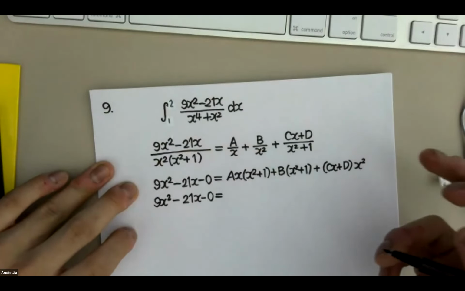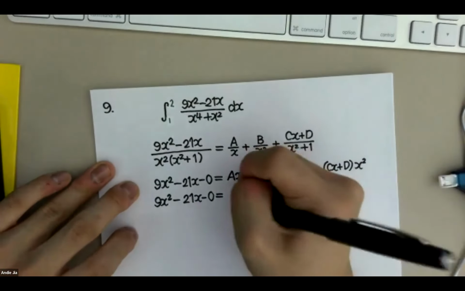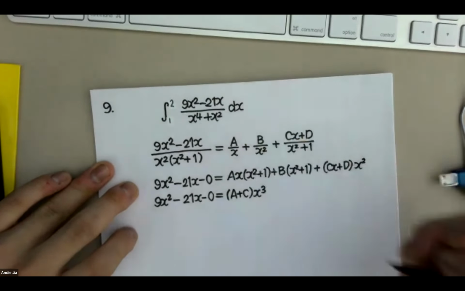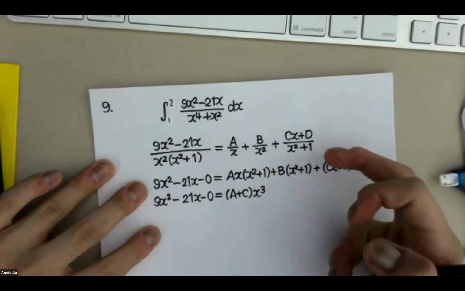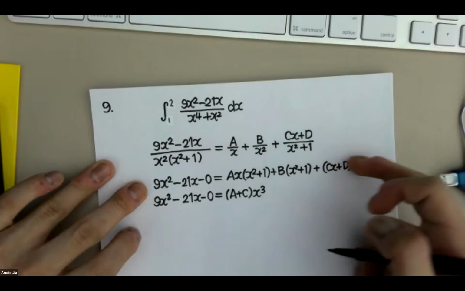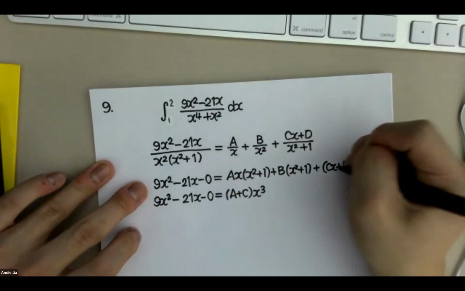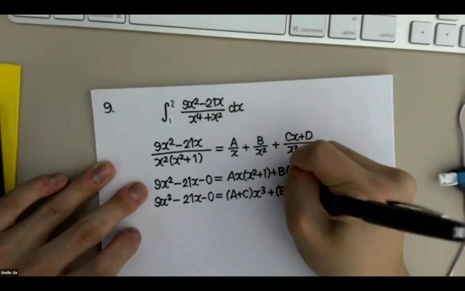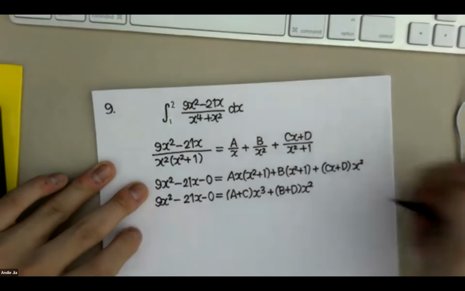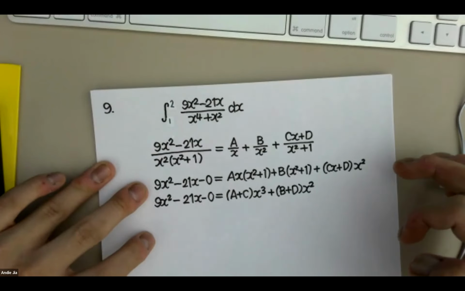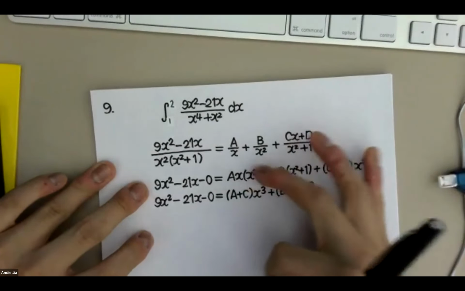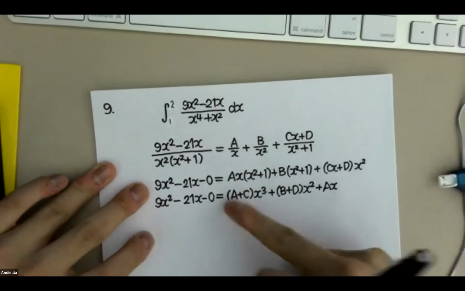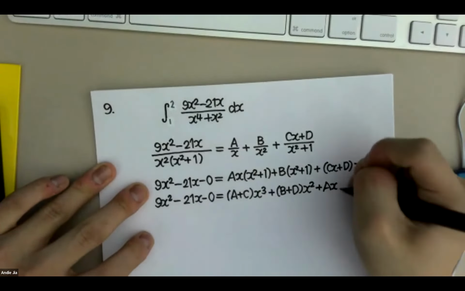It's going to be a plus C times x cubed, plus b plus d times x squared, we have Ax, and we have B.